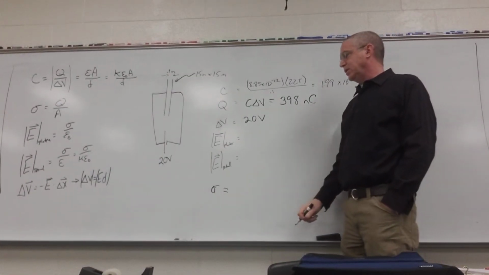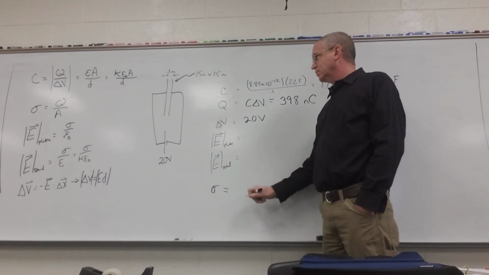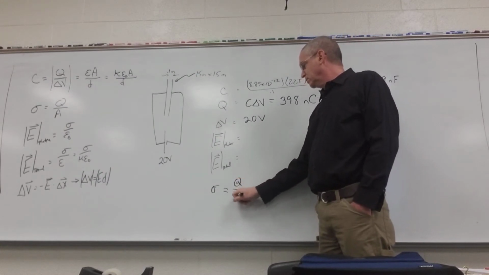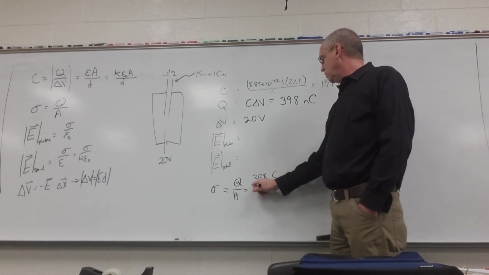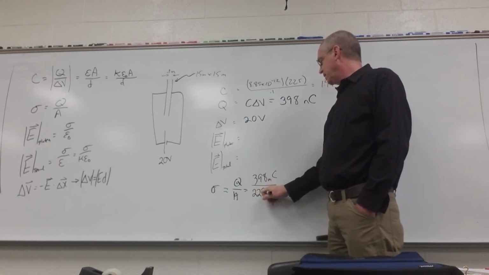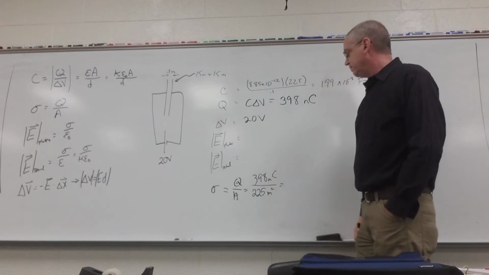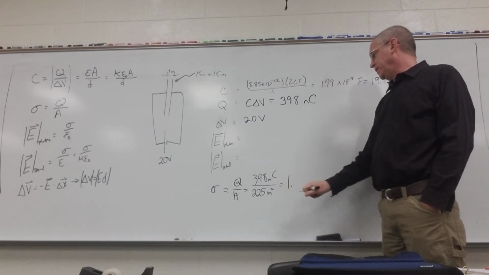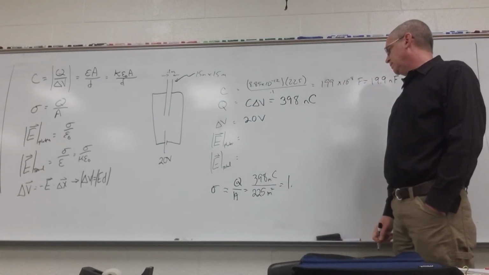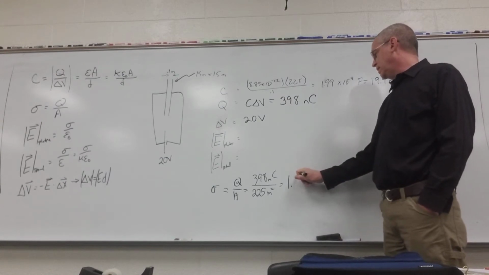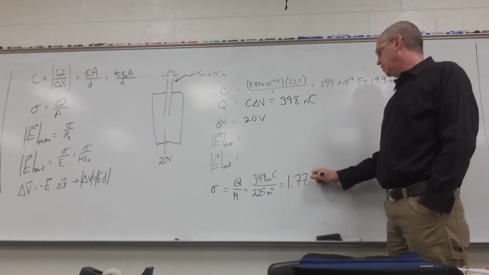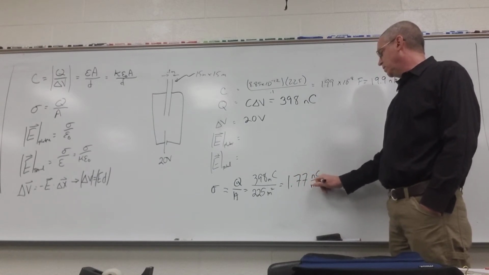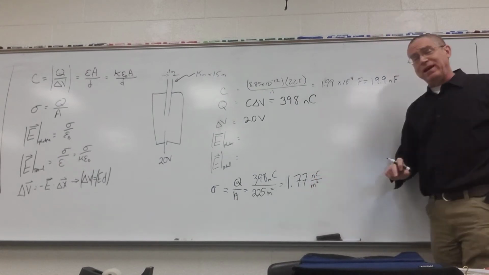So what's sigma? I'll just keep it by A. And so we have 398 nanocoulombs over 225 square meters. So this would be 1.77 nanocoulombs per square meter.